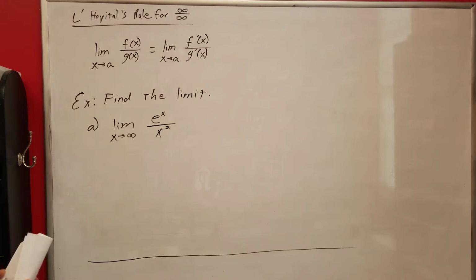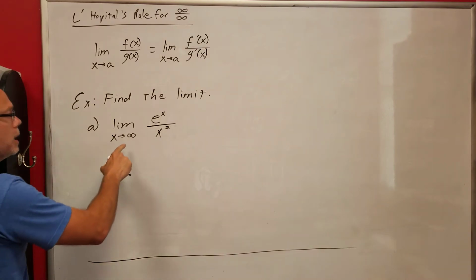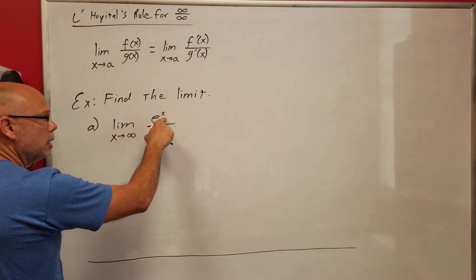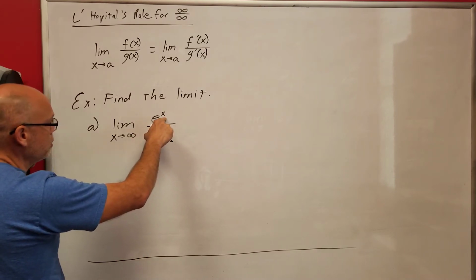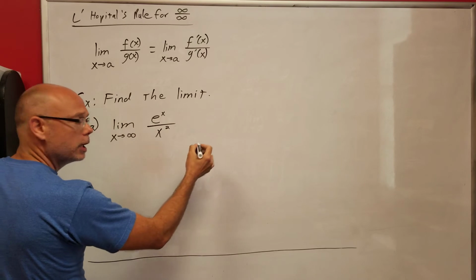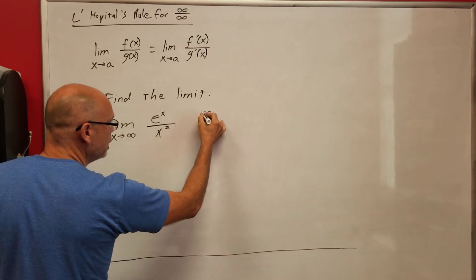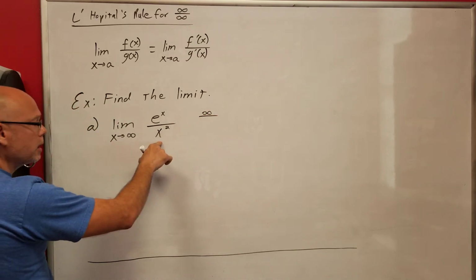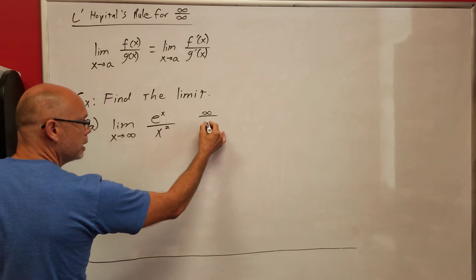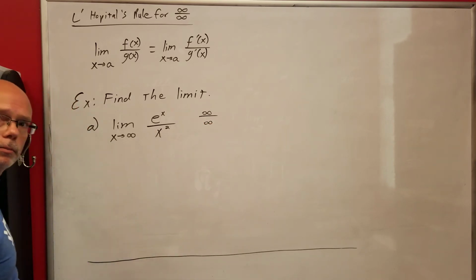Let's look at this limit. All right, imagine evaluating this. What does e to the x go to as x goes off to infinity? That goes to infinity. How about the bottom? What does that go to as x goes to infinity? That goes to infinity as well, right?